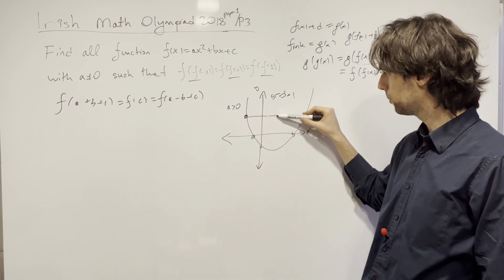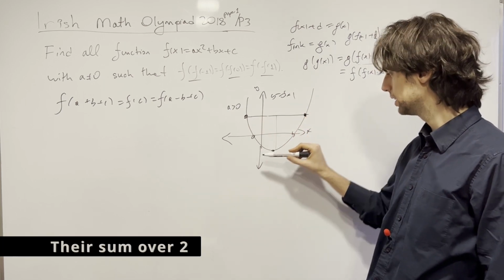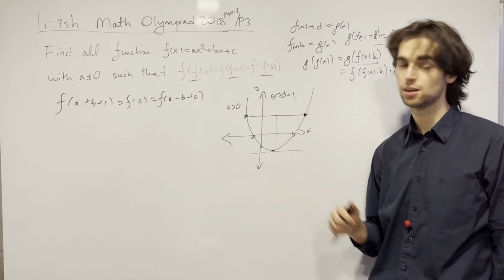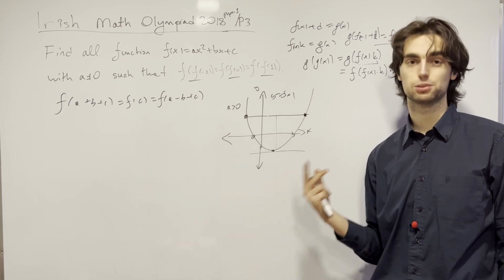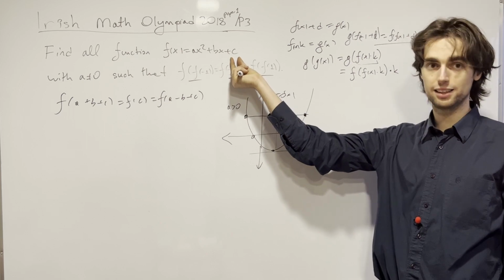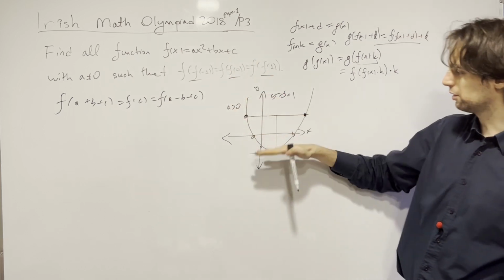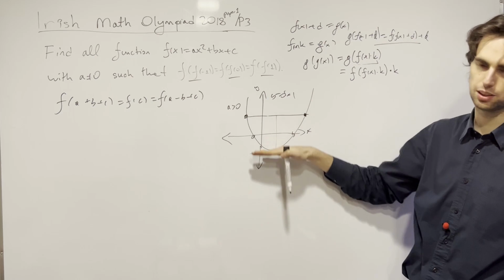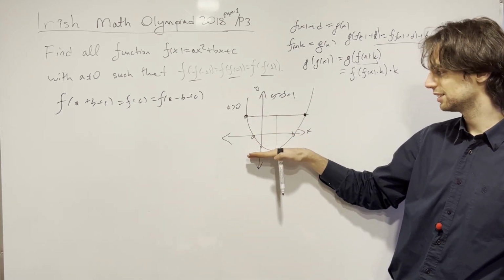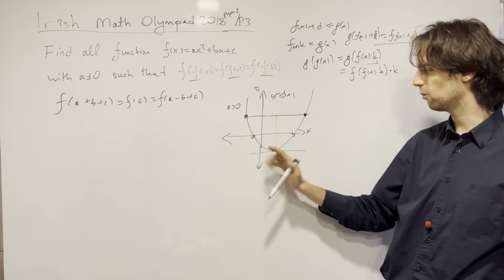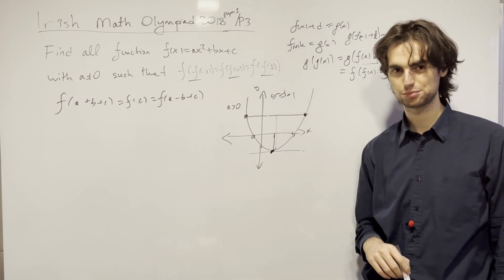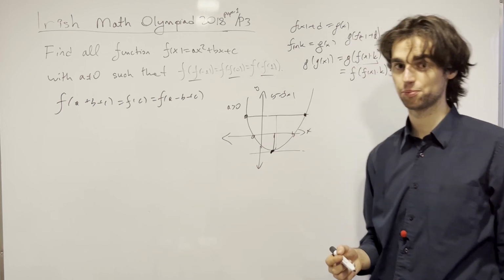Well, if they're not equal, we know their sum is at the minimum of the functional equation. We know this from Vieta's rules. And what happens when instead of c, you add d? The functional equation moves up or down if d is positive or negative. But what doesn't change is the point for which x this is minimal. That's the thing that doesn't change.